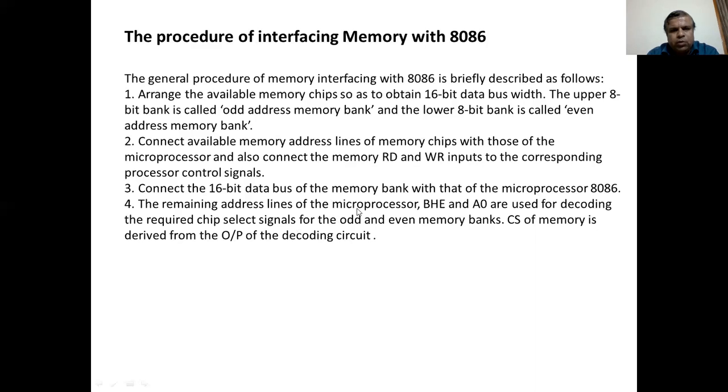These are used for decoding the address to select the required chip select signals of the memory device, and the CS bar of the memory is derived from the output of the decoding circuits.